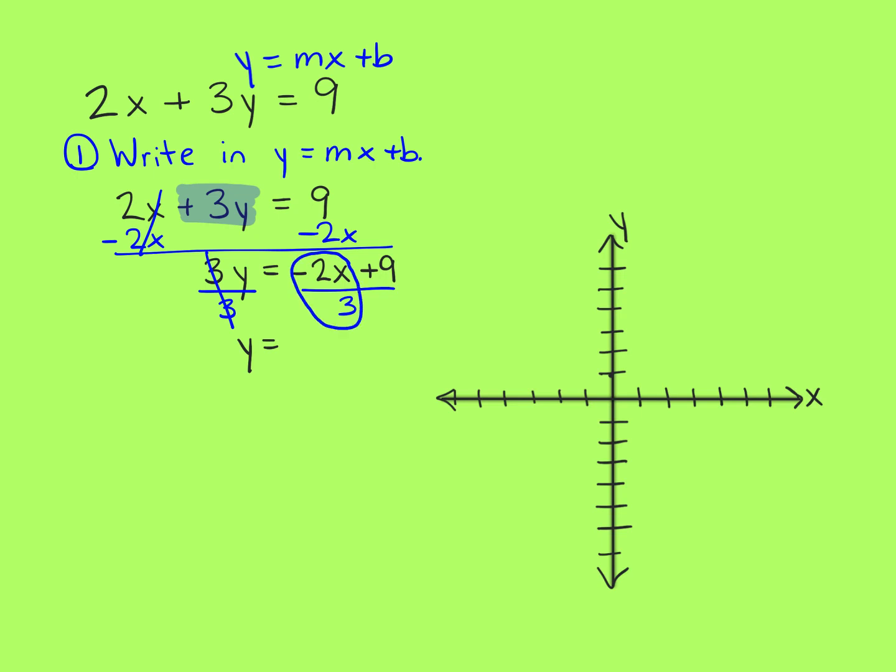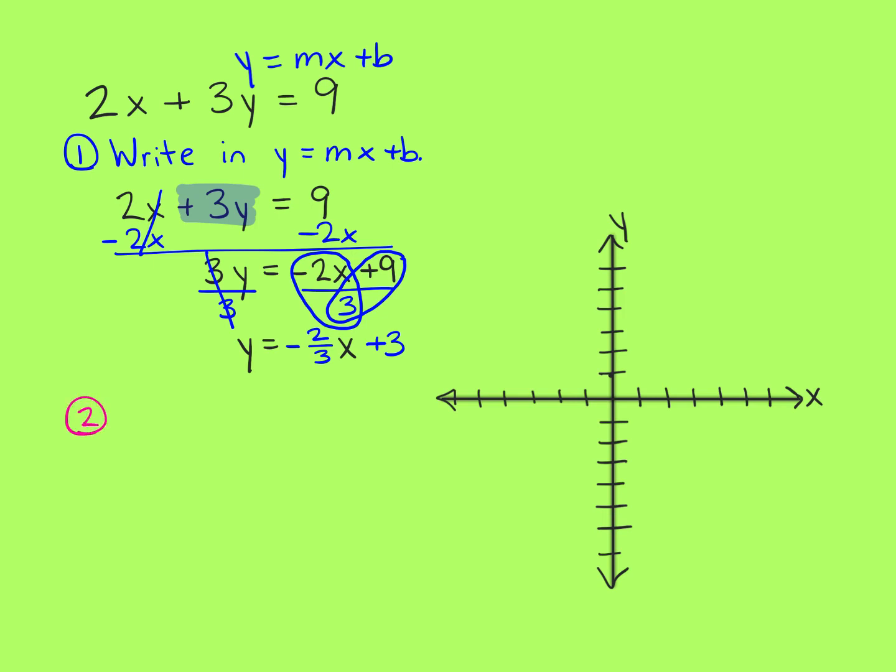And it's just a fraction, -2 over 3. We can pull it out from in front of x since it's in the numerator. And we get -2/3 x. And then we'll take the second term, 9, and divide by 3. 9 divided by 3 is +3. So we've now written it in y equal mx plus b.